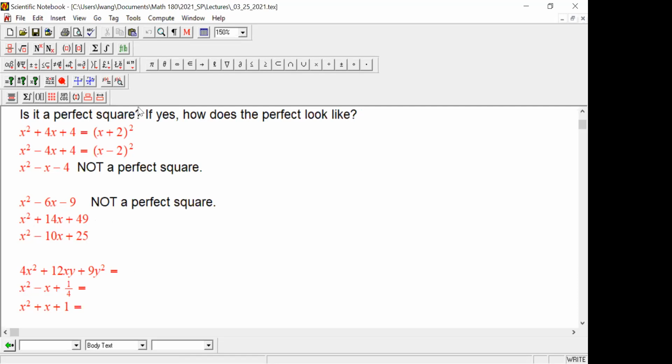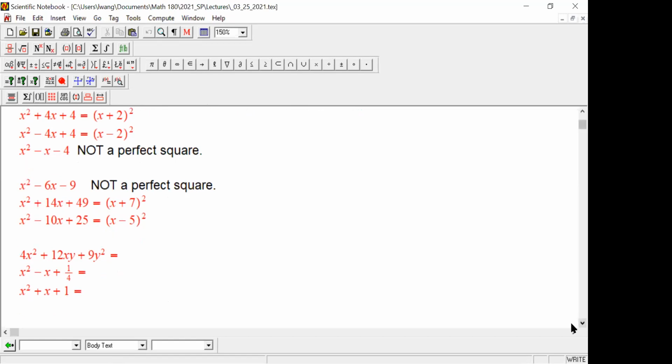Yes. So what is the first one? X squared plus 14x... x plus 7. Sorry, I mean negative 7. Oh wait, no, that's positive. Never mind. Plus 7. X plus 7 to the power of 2. Perfect. Good job. This one? X minus 5 to the power of 2. Wonderful. Now keep going.